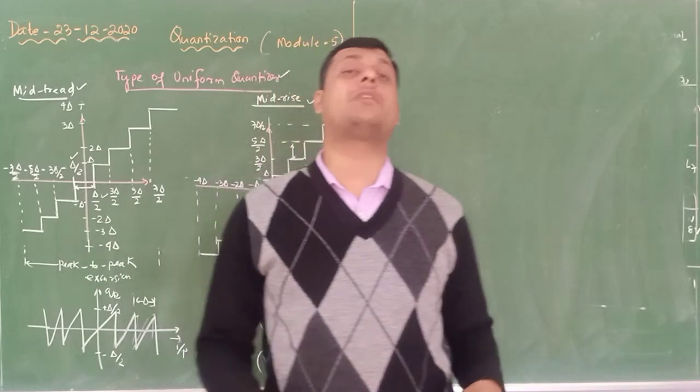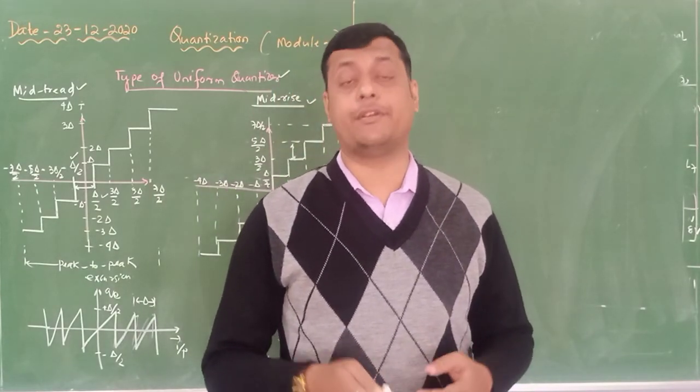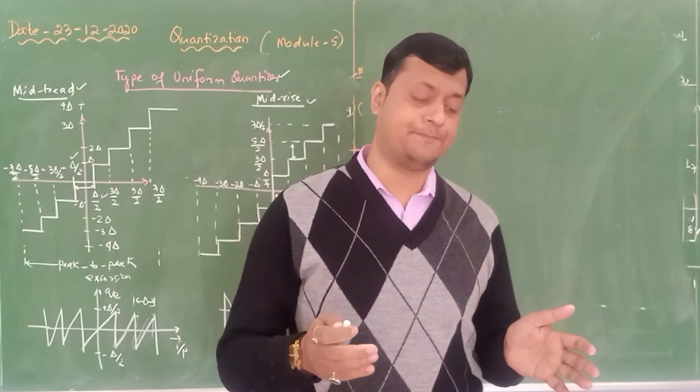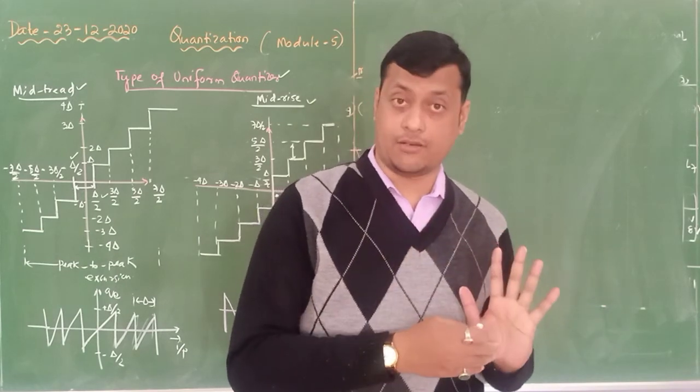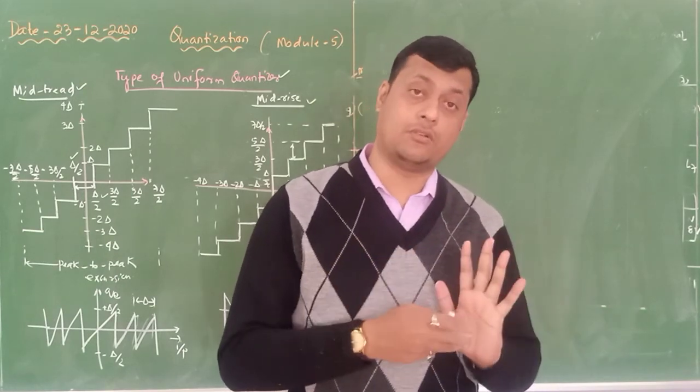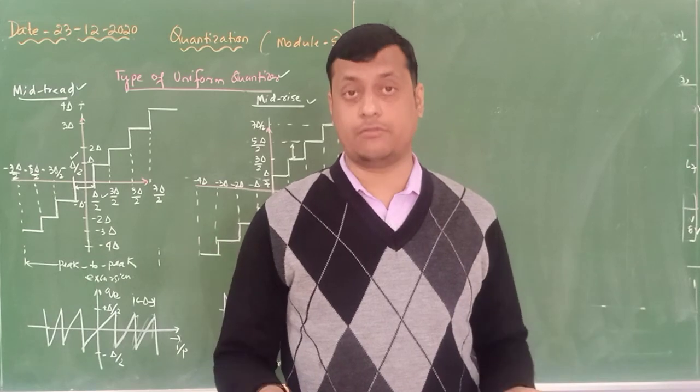So these are the two types of uniform quantization, with the help of which we can determine the quantization noise. If the quantization noise is known, how many levels there are, that also we can identify.